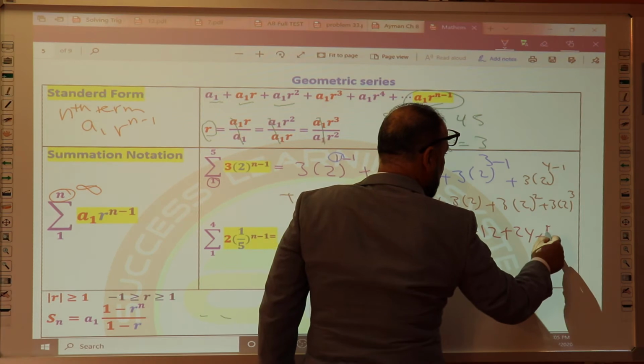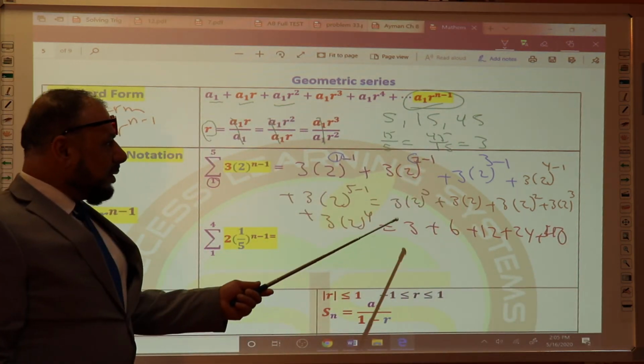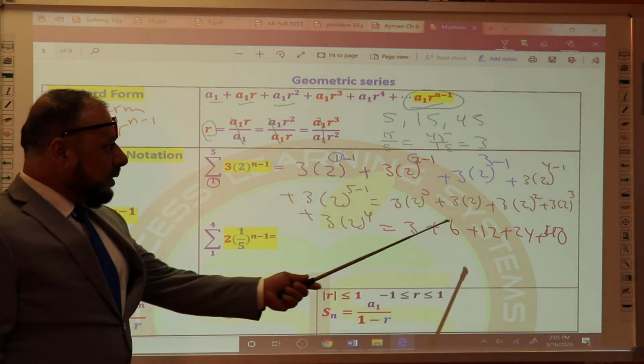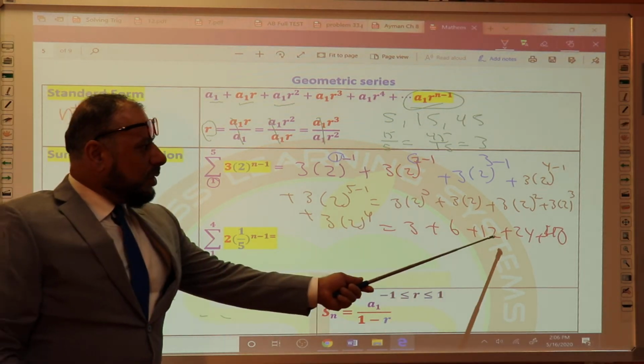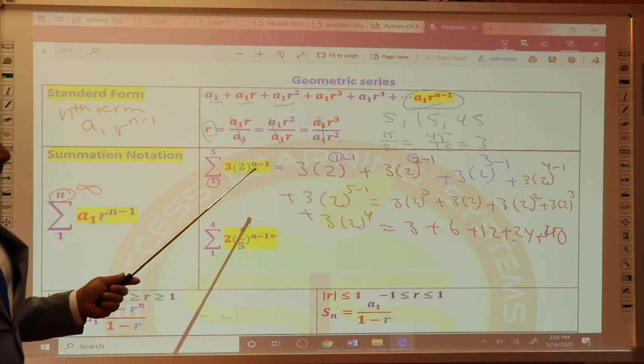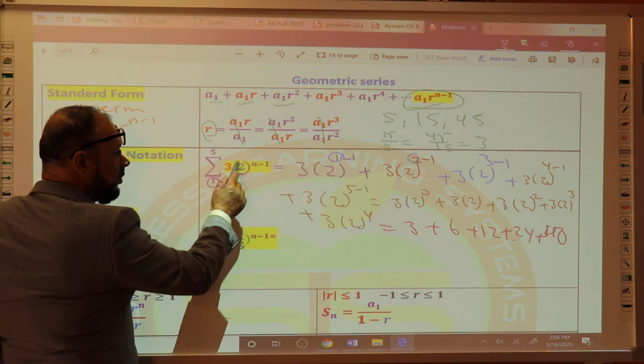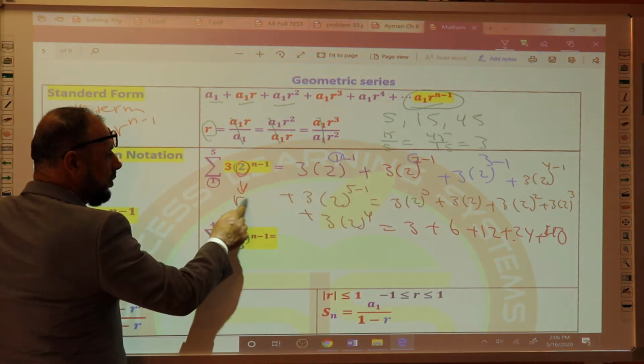Now notice something, my friend. 6 divided by 3 is 2, 12 divided by 6 is 2, 24 divided by 12 is 2, which is the ratio here. You can get the ratio directly from the formula.